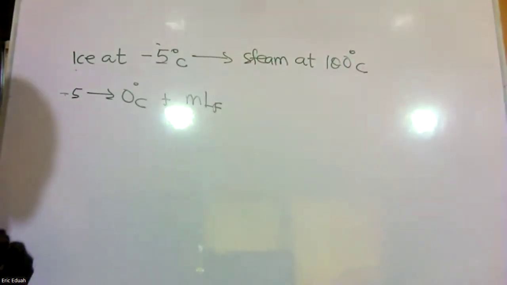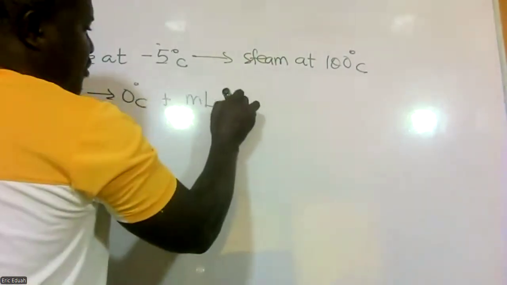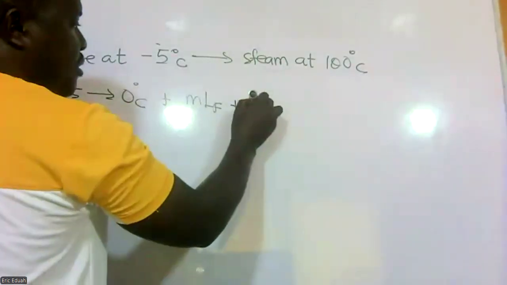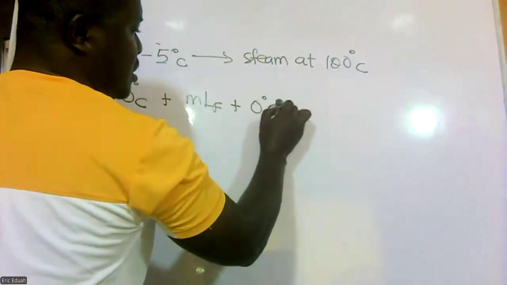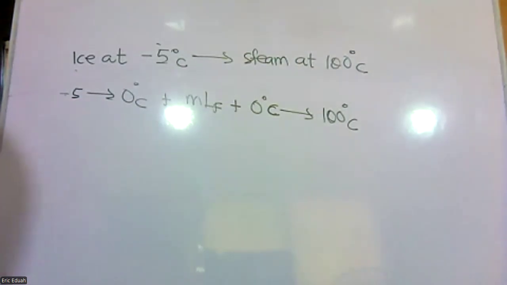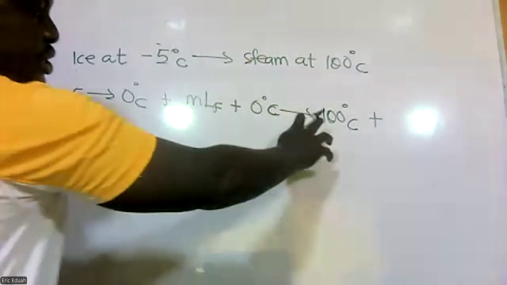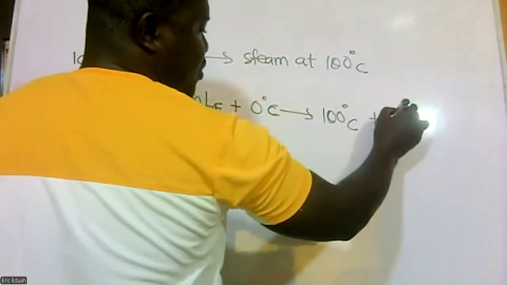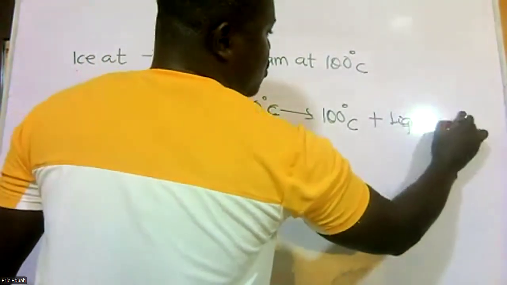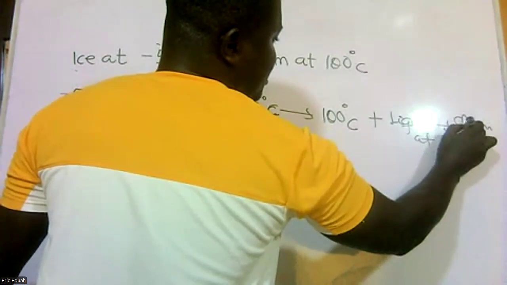Okay. So when all the ice changes to water at 0, then the amount of heat energy that would raise the temperature of the water from 0 degrees Celsius to 100 degrees Celsius. Then the last would be the amount of heat energy that would change state from liquid at 100 to steam at 100 degrees Celsius.